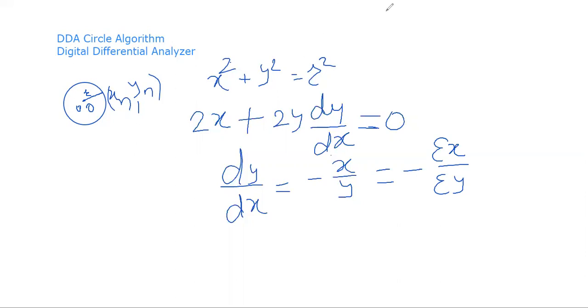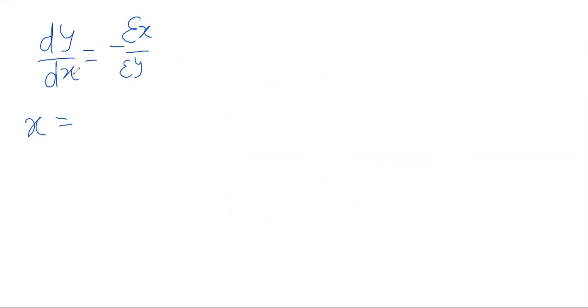Let me clear everything and rewrite the slope: dy divided by dx is equal to minus epsilon x divided by epsilon y. So x is going to increment in proportion, with dx and epsilon y, dy and epsilon x. X is going to be incremented by x plus epsilon y.